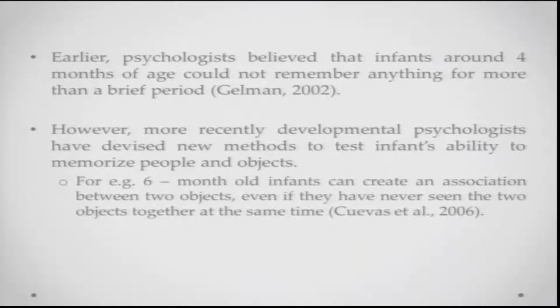They have opined that around 6-month-old infants can actually create associations between objects even though they have not seen those objects presented together at the same time. So research suggests that psychologists might have underestimated the level of memory skill children have at a given age.